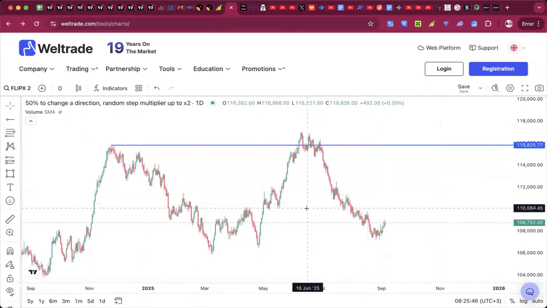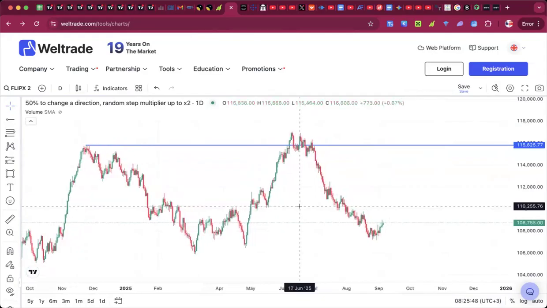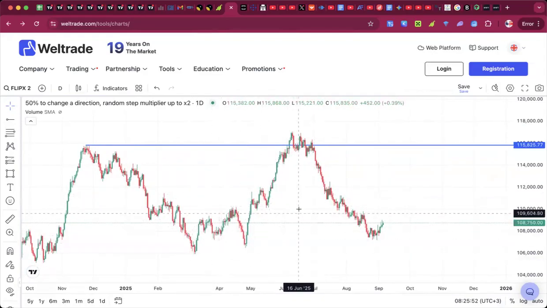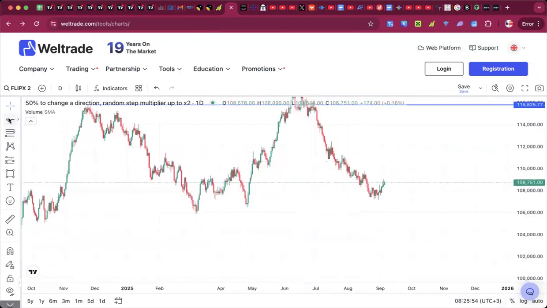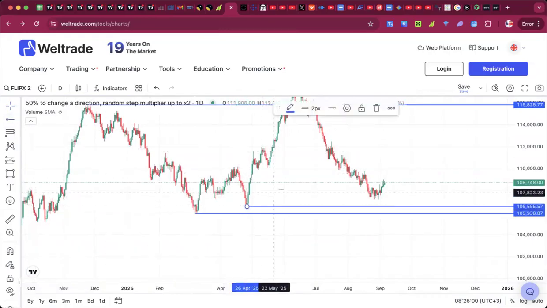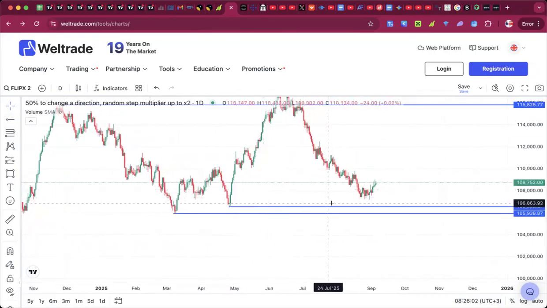The best approach to this market is always scalping. Yeah, so let's look at some key areas or levels. So he didn't get down here.